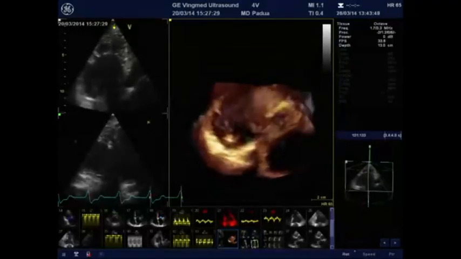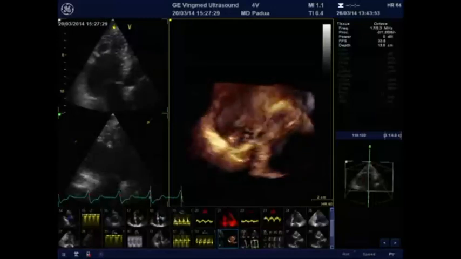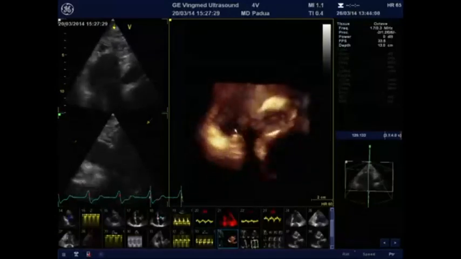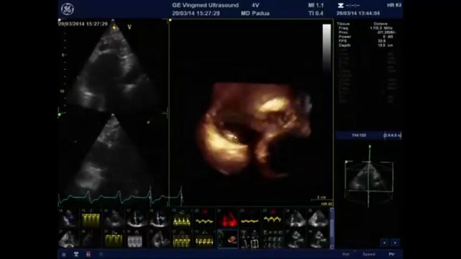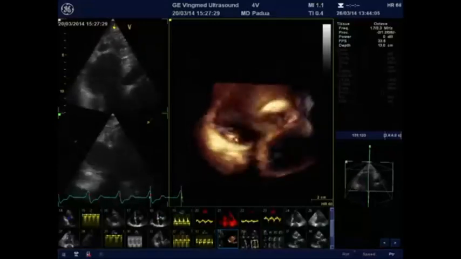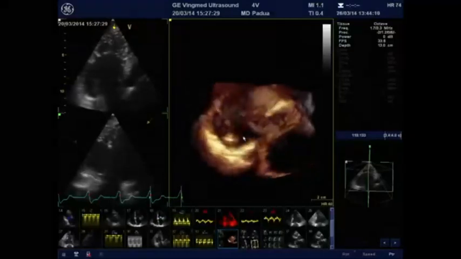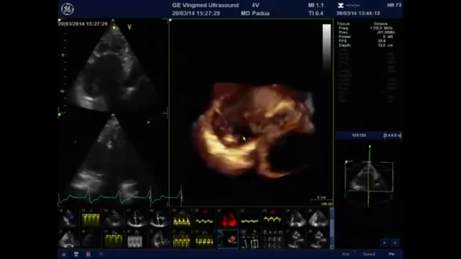And then you can identify this highly reflective echo that is the pacemaker catheter, which is in the commissure between the septal and the posterior leaflet of the tricuspid valve, so it's in the correct position and it's not interfering with the motion of the leaflets, as it may occur.